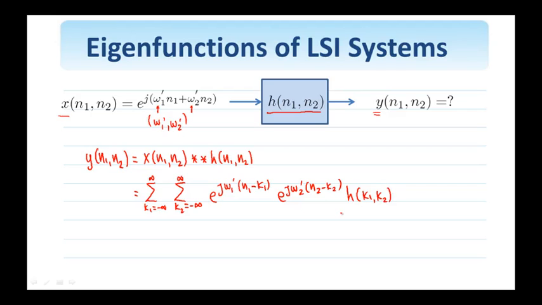Again, I just applied the definition of the convolution. Now we see that these terms are independent of k1, k2, therefore they can come outside the summation, and all I'm left with are these terms here.